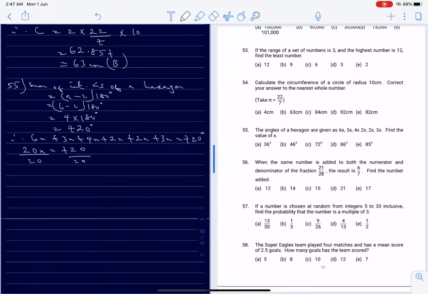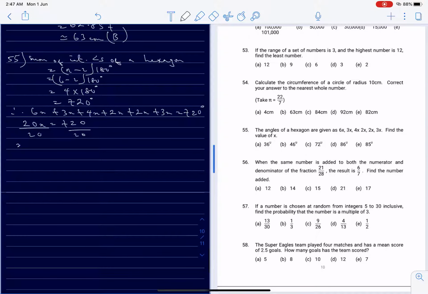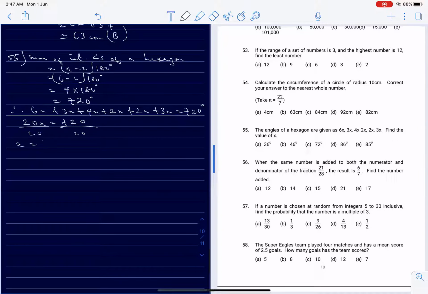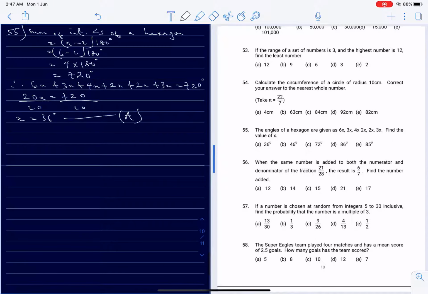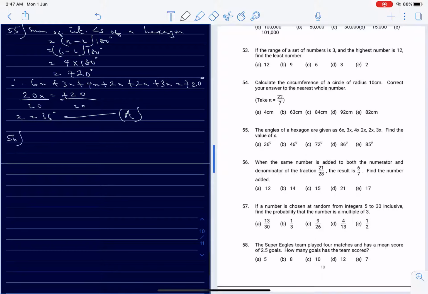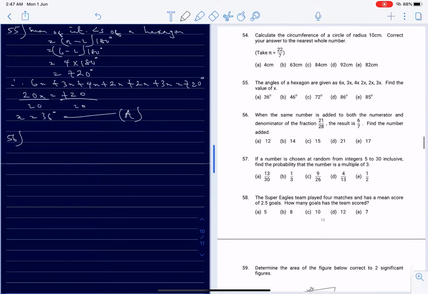Divide both sides by 20 to get x, and that means x equals 36 degrees. That's the value of x. The correct option is A.